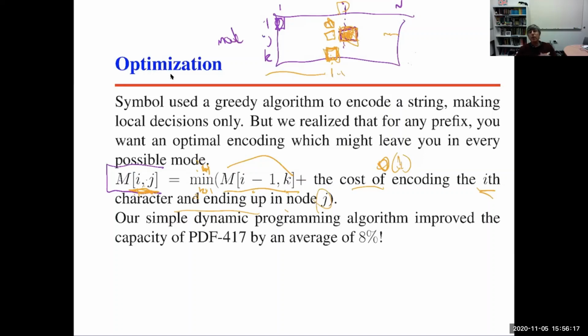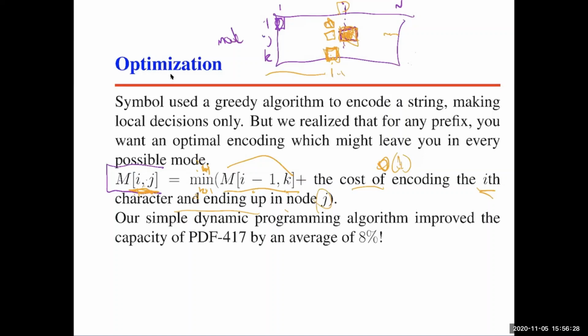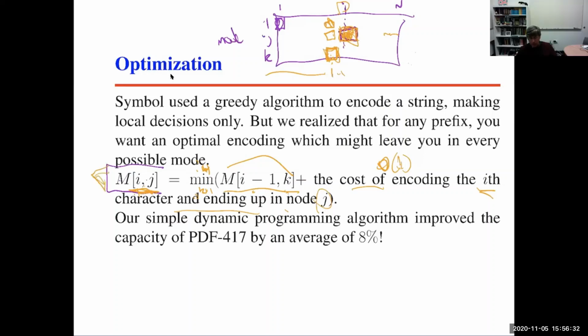If not, I have to pay the cost of switching modes and outputting the character. But sometimes that's a good thing. So the dynamic programming is going to make the decision of when I swap from one to another. Any questions about that?